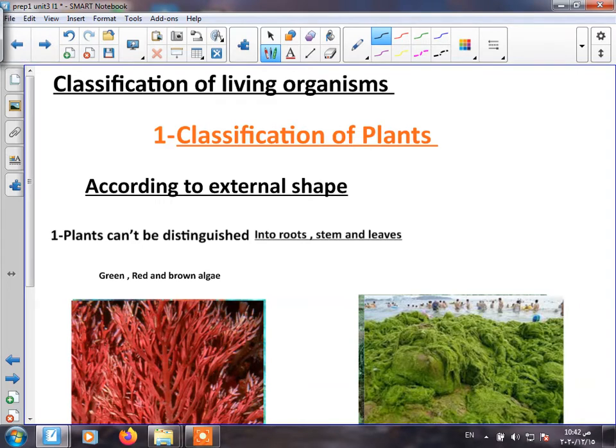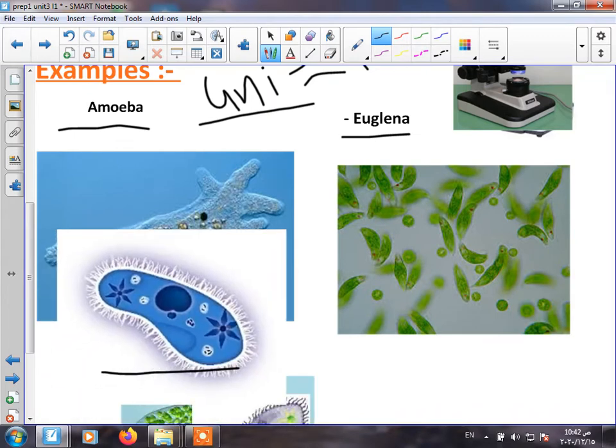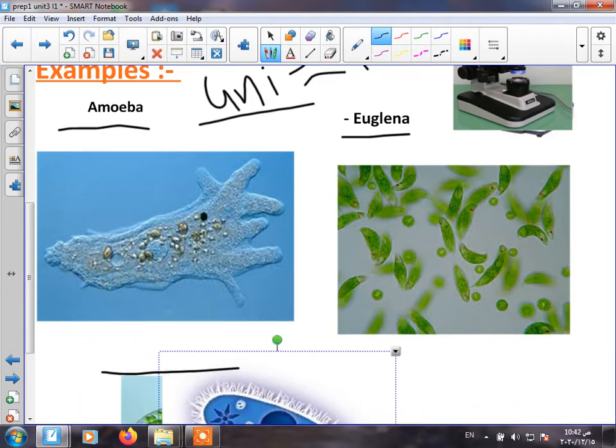They are microorganisms, different from each other. But in what? As you can see here, amoeba, euglena, and paramecium, amoeba differs from euglena and paramecium in two things. Number one, its shape, and number two, the way of movement. For example, amoeba's shape is not like paramecium or even euglena.